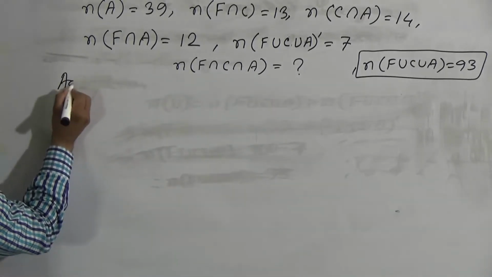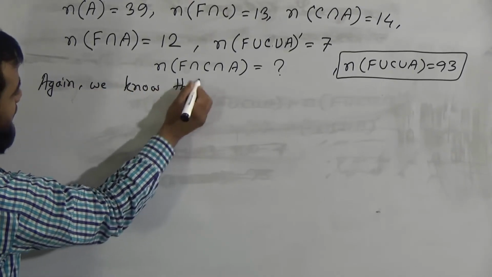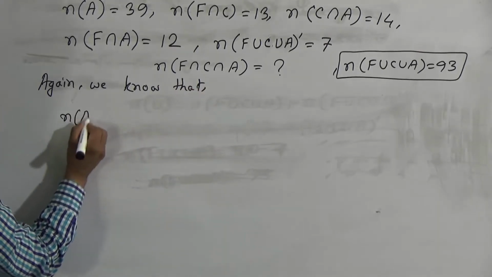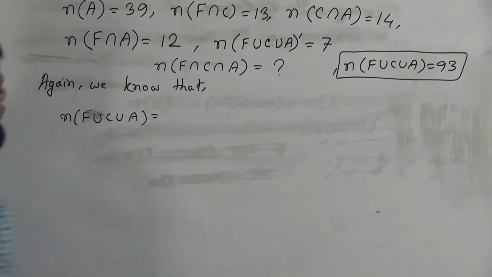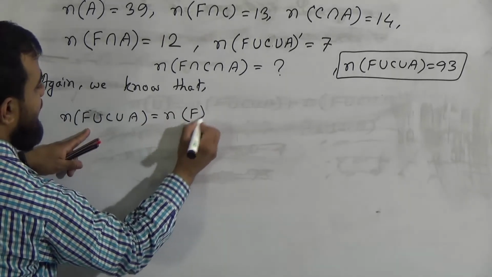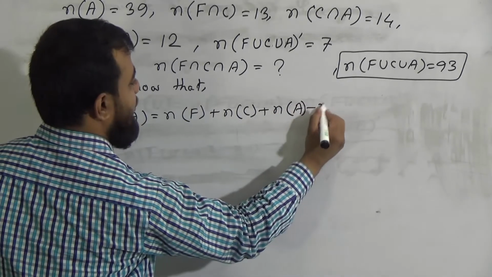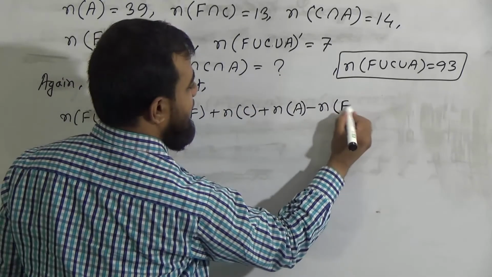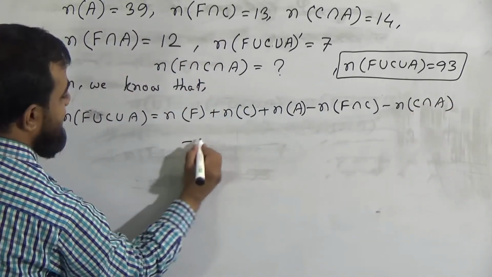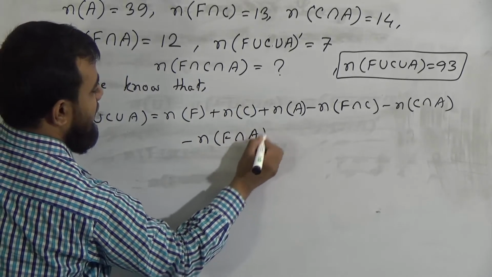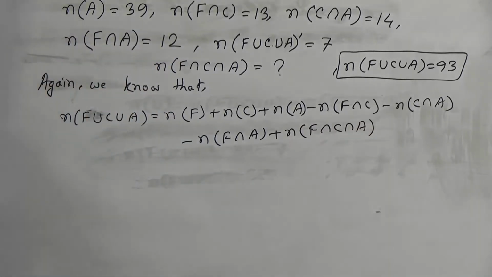Now my dear students, we know that the number of elements of F union C union A is equal to the number of elements of F plus the number of elements of C plus the number of elements of A, minus the number of elements of F intersection C, minus the number of elements of C intersection A, minus the number of elements of F intersection A, plus the number of elements of F intersection C intersection A. This is our proposition, a formula.